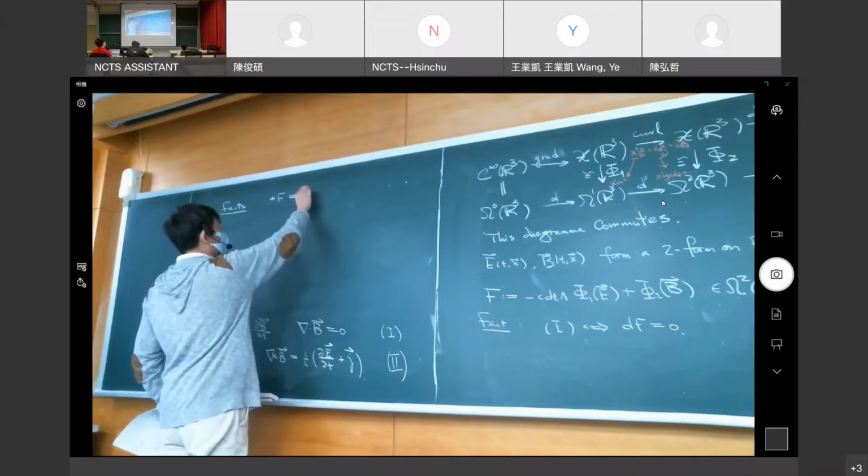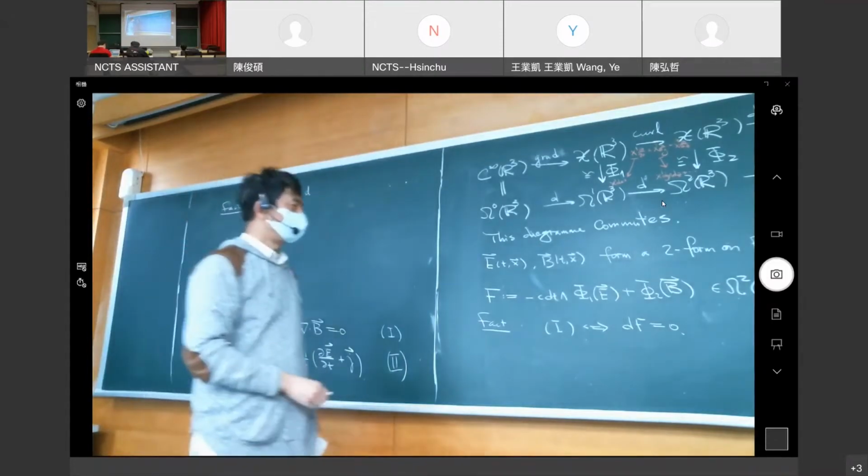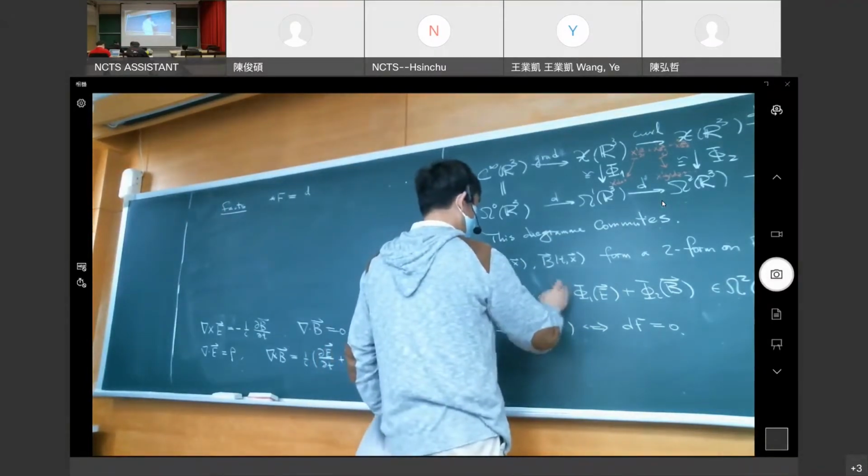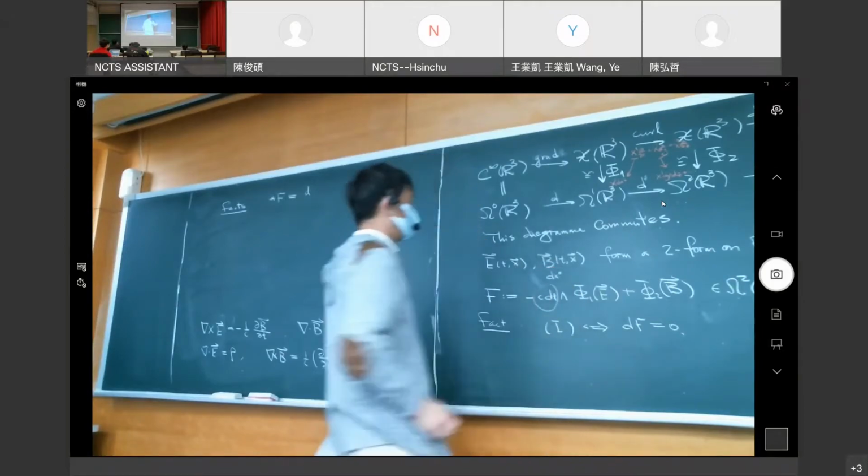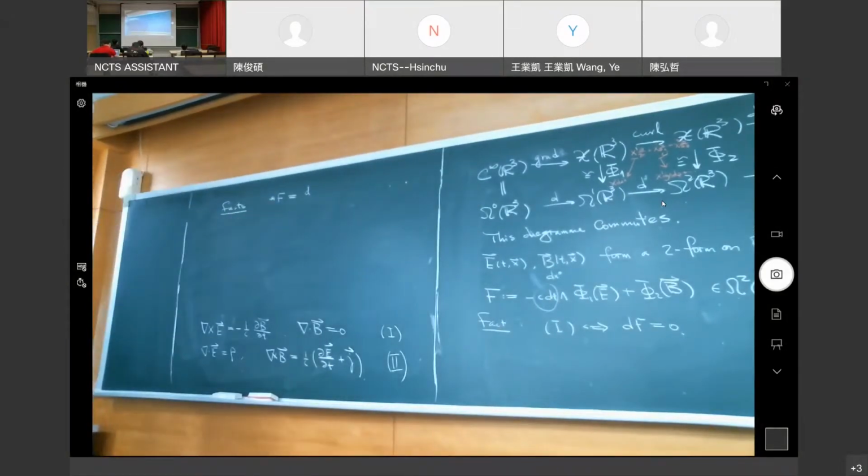So this c dt is now dx0, because of the way we defined the coordinates.